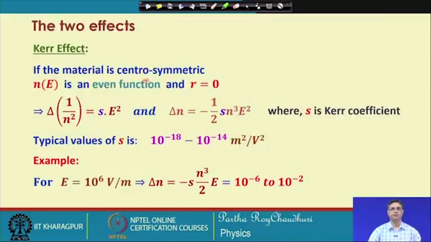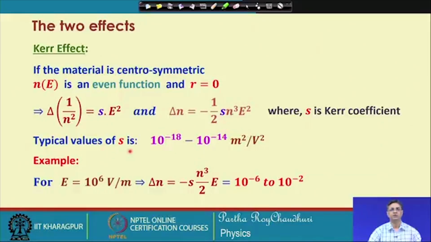Then the second effect is the Kerr effect. If the material is centrosymmetric, then n of E is an even function, and r equal to 0. In that case the Pockels effect is absent, but the Kerr effect is present, and delta n will be represented by this equation.